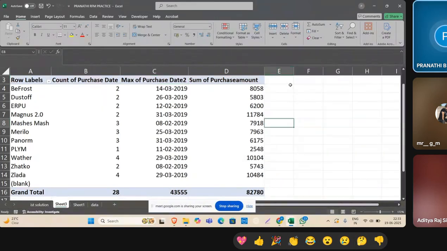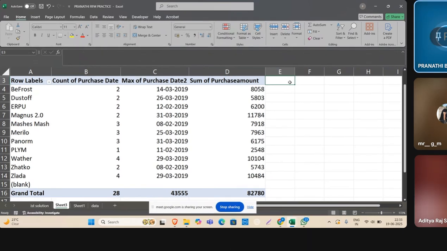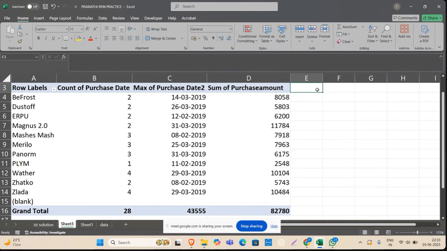Now I have the data, but the maximum purchase date is not my recency. With the help of this, I will calculate my recency. I have frequency and monetary amount, but not recency. So recency is equal to today, close the bracket, minus the C4 cell.